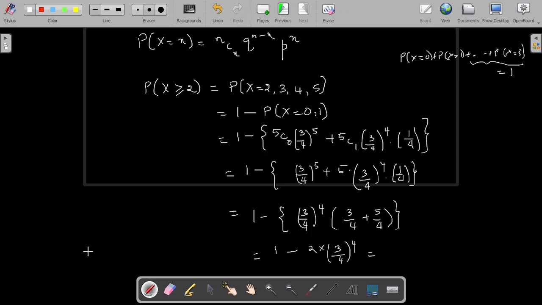Let us simplify this. 1 minus, this is 2 into 3 to the power 4, that is 81, divided by 4 to the power 4, 256.